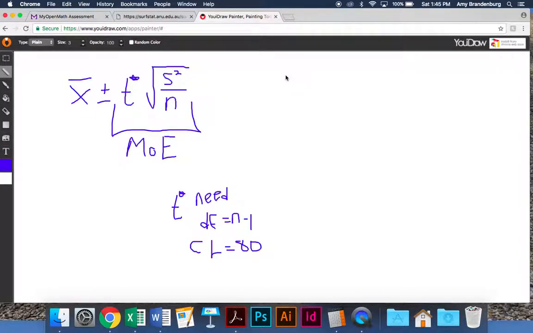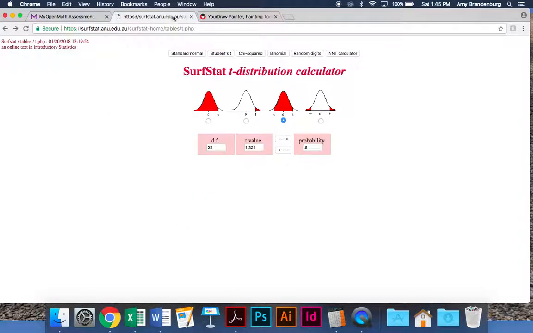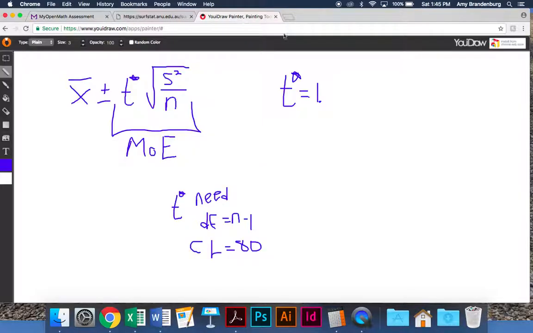So I'm going to put that over here. T star is equal to 1.321.